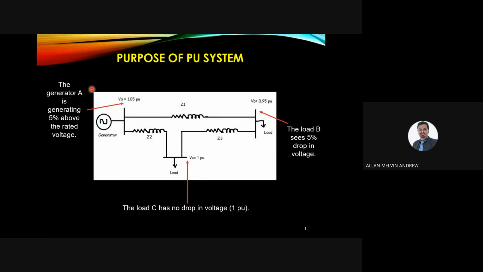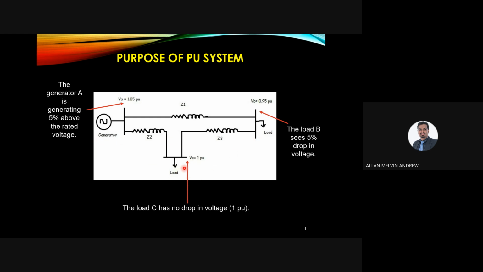So we can see the generator. This is generator A, because it's using the alphabet A, VA. So generator A is generating 5% above the rated voltage because the value is 1.05. The reference value, the rated voltage, is 1.